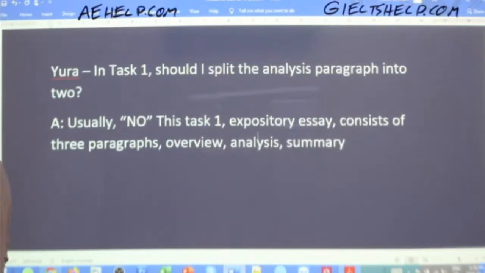Okay, that's the most logical, most clear way. That's how you would see it in university. Overview is also the introduction. Analysis, you can think about it as the body.